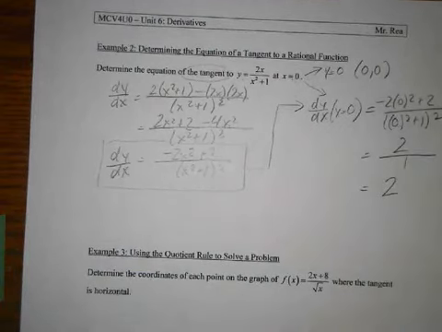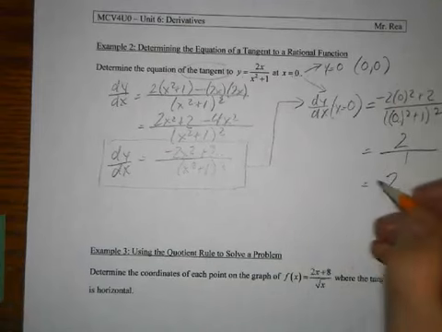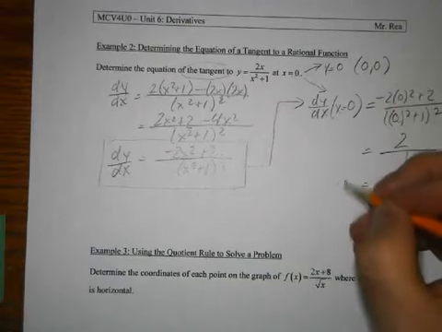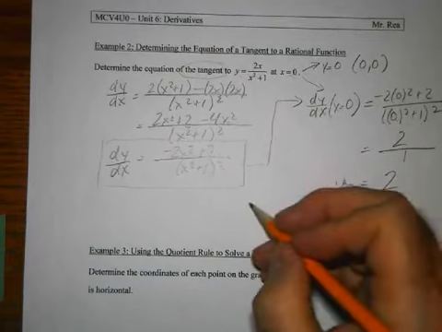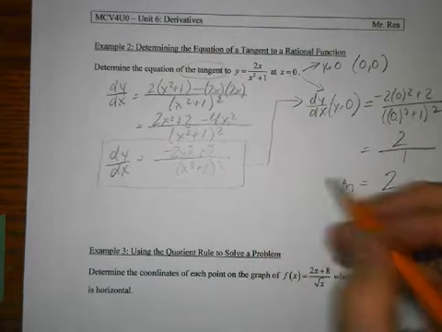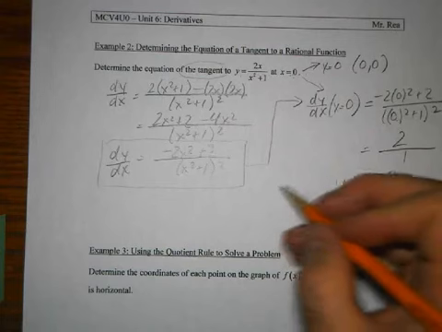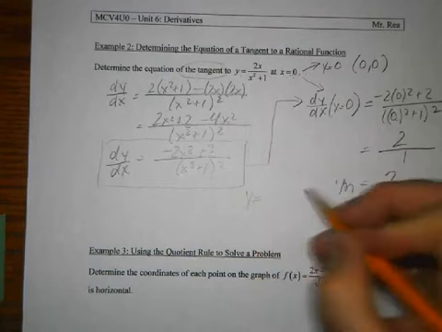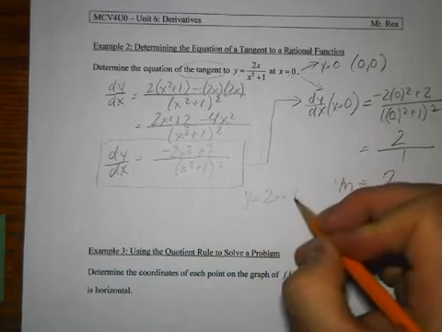So that tells us that the slope of the tangent is 2 at this point. So I can immediately go, well, I'll call that m now. So the equation of the tangent is going to be y equals 2x plus b.